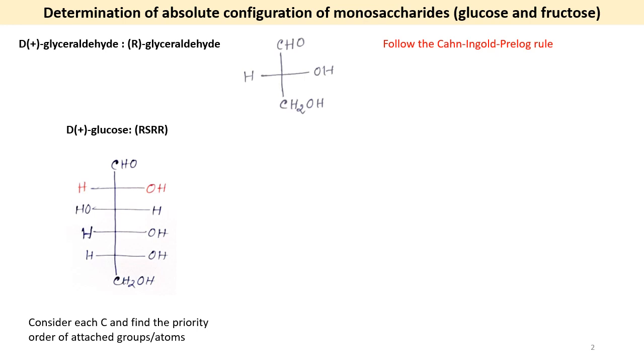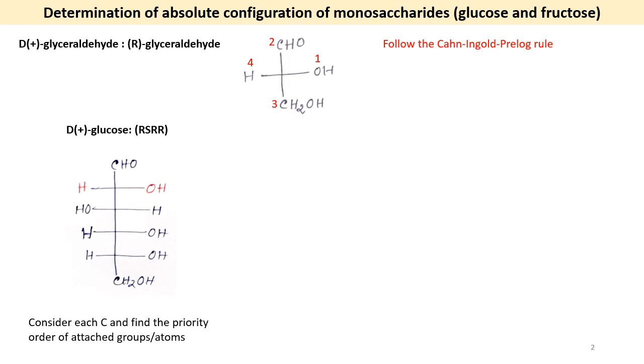So what is the way? You have to look at the substituents, you have to assign the priority, and then look at the orientation at which they are placed, and accordingly you have to designate. So what will be the priority order? OH will be 1, CHO will be 2, CH2OH will be 3, and hydrogen will be 4.